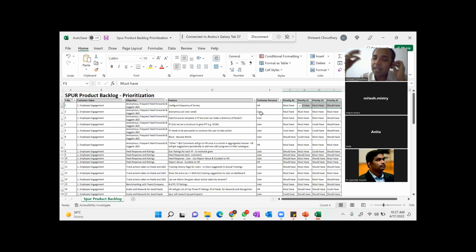Similarly, when a functional head is using this product, because a functional head is also an employee, he can have two personas. One persona as a functional head to understand organizational trends, and second as an employee, to see how other people are feeling about his work behavior, right? So these two things are captured over there.